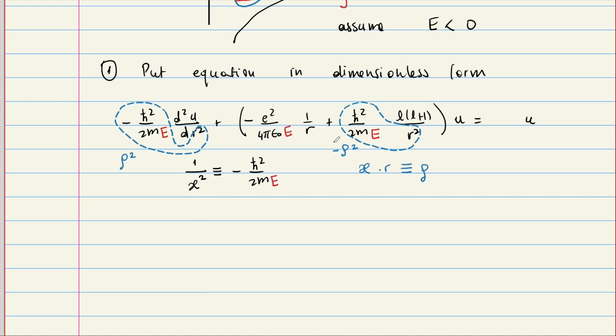And lastly, you can see I have here this factor. Let's take care of this factor separately. So I want to have rho here. And to have rho, I can multiply it with kappa and divide with kappa. And this one I am going to call, E is negative, right?